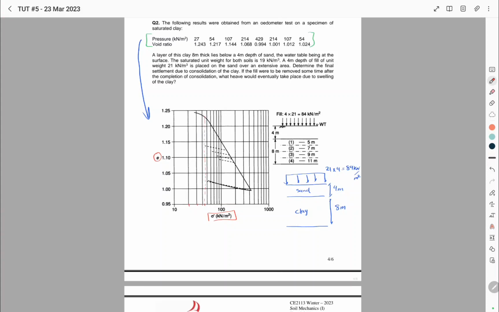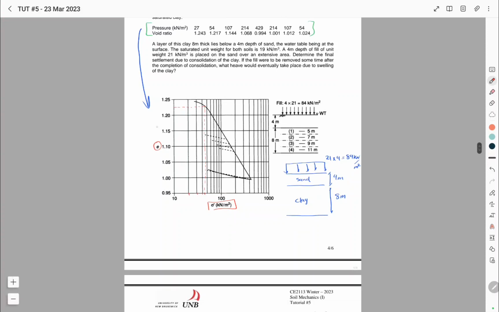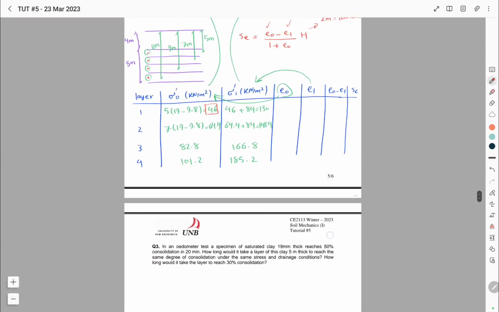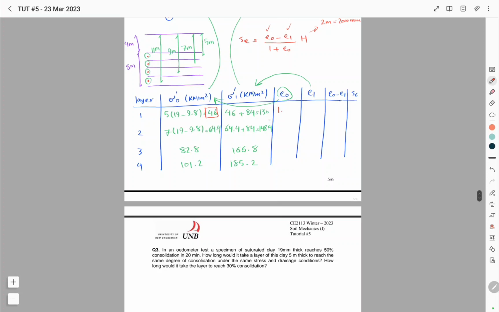The value of e corresponding to 46 is very close to 1.236.